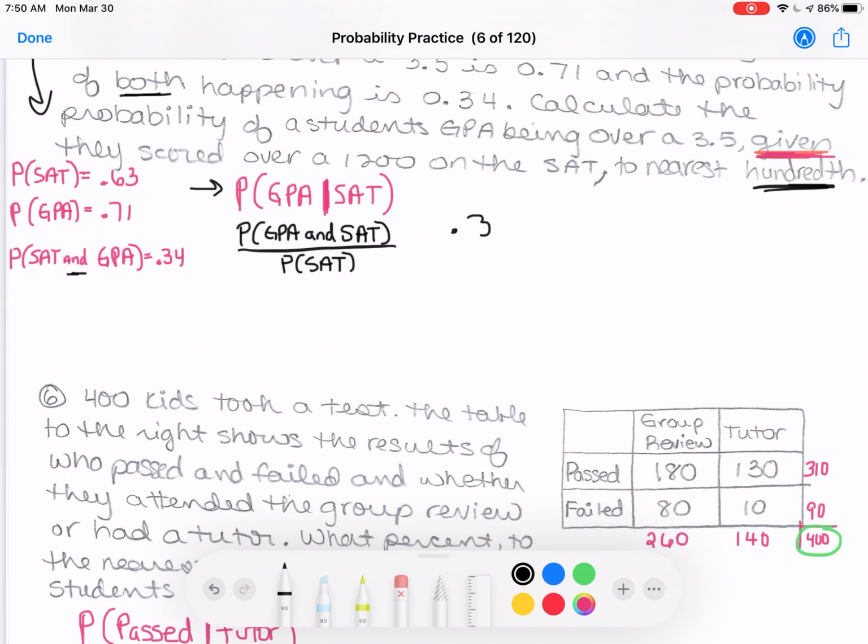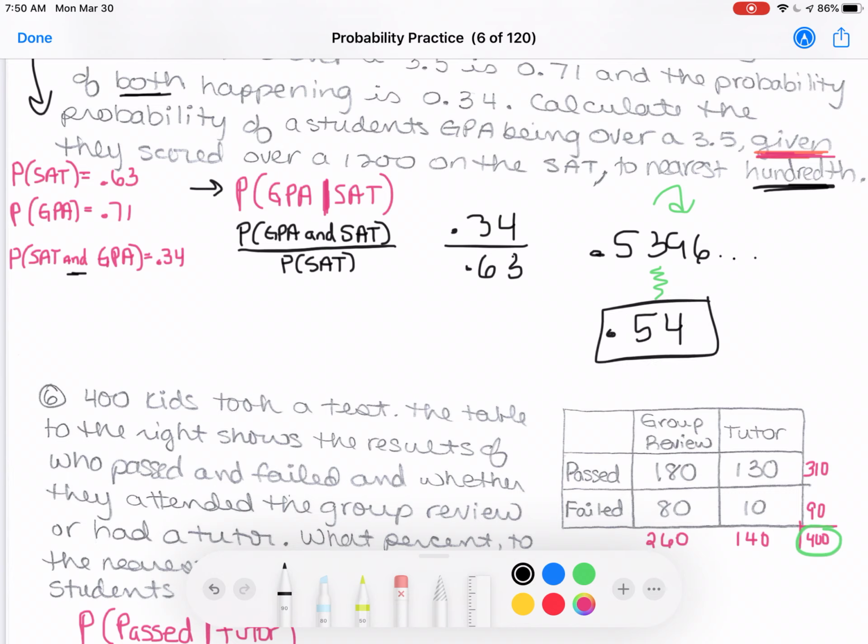So 0.34 divided by 0.63. Just use your calculator. 0.5396. They said nearest hundredth. Hundredth is the second spot. I look one place to the right. If it's 5 or greater, I push it up, 0.54. And that's it.